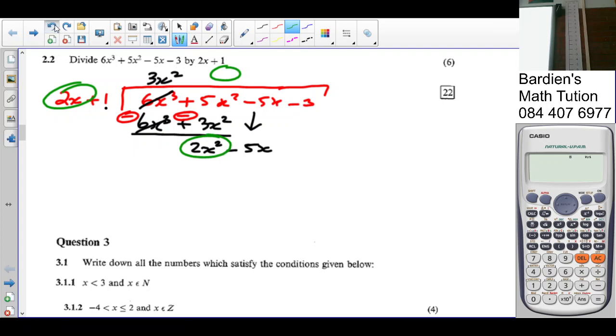And the answer is x. Not so? So x times 2x is 2x squared. x times 1 is x.